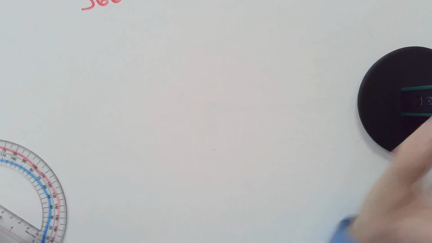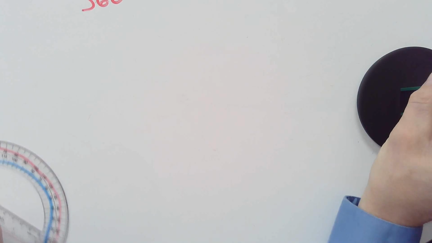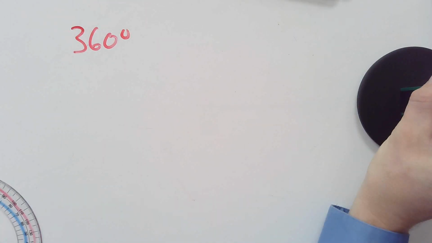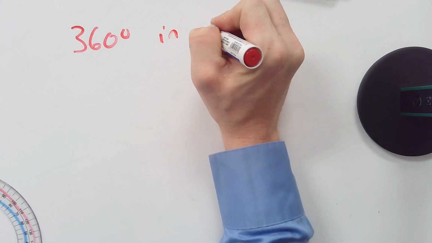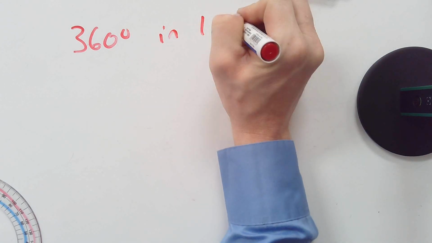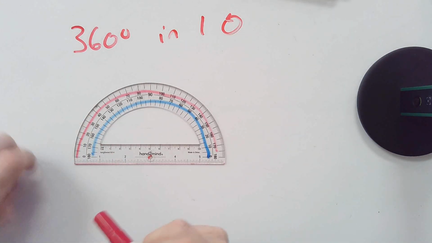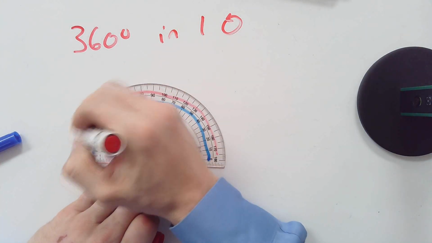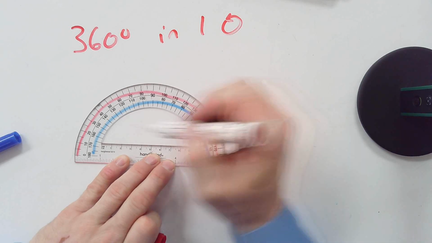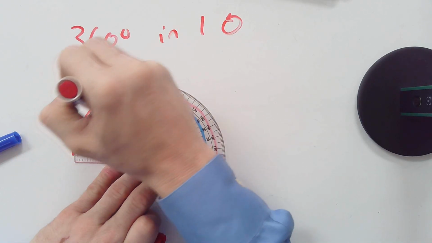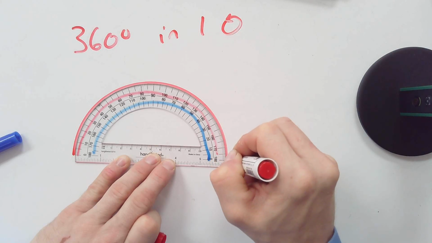You may remember that there are 360 degrees in one full rotation of a circle. Going from left to right, I read the outer scale from 0 to 180 degrees.